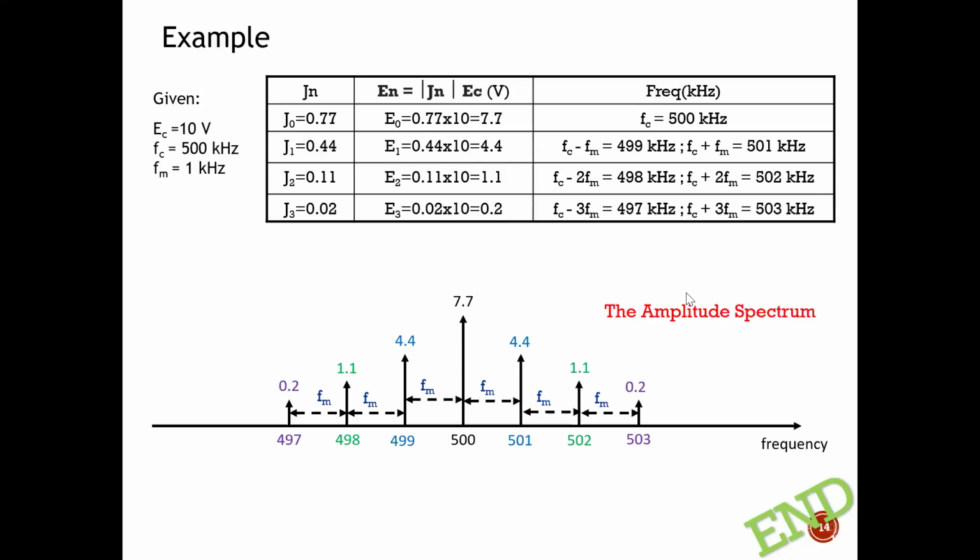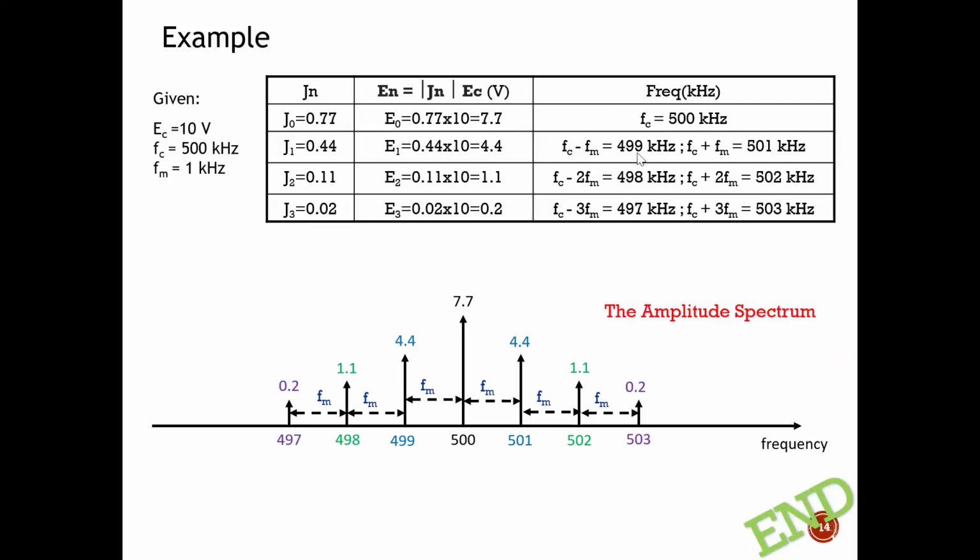Just a few comments before I end this video. One thing I want you to take note of is that this is symmetric. This is the center point. You can see that everything on the left will also appear exactly on the right. Whatever is on the left, you will see on the right. And how you get all the amplitude values is from here. The first one will be at the carrier, which is 500, with amplitude 7.7.